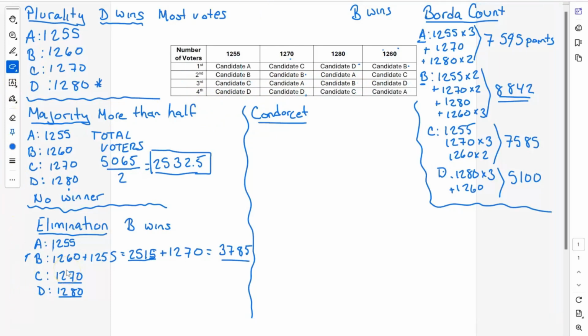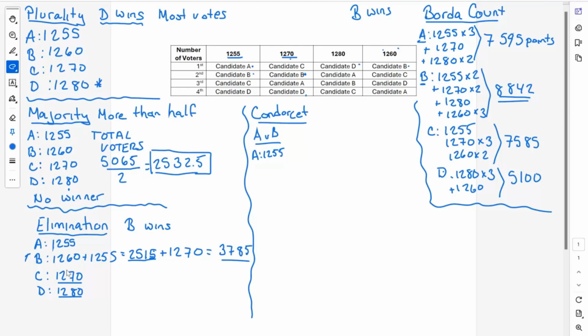If we're considering an election only between candidates A and B, let's look at how people would vote. These 1,255 people like A better than B, so A would get those 1,255 votes. These 1,270 people like B better than A, though. If C were never an option, these 1,270 people would choose B first.